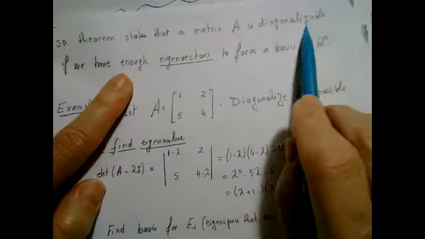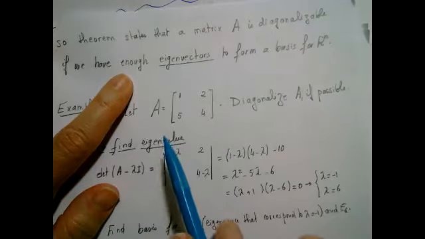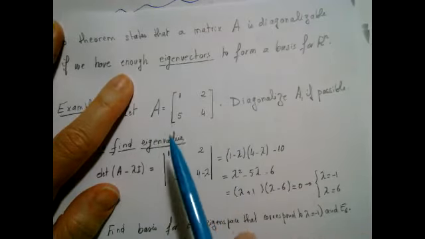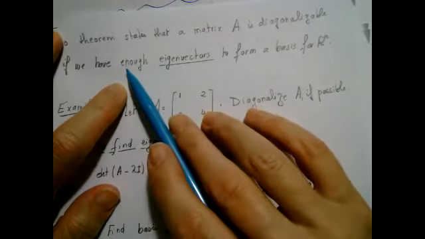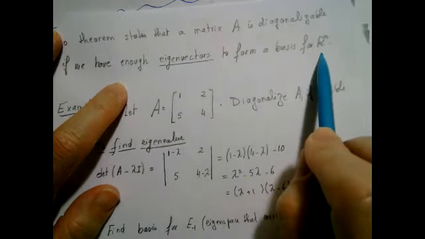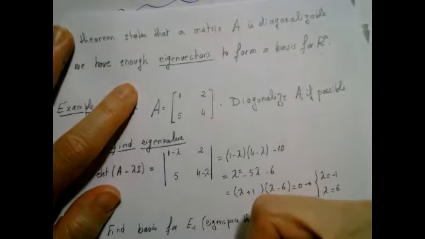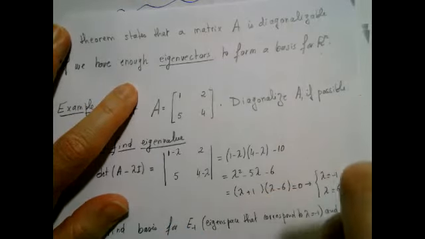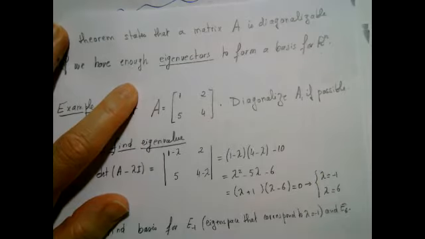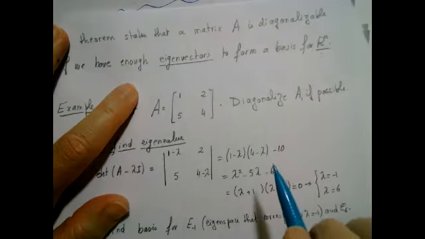So the theorem states that a matrix A is diagonalizable if it has n linearly independent eigenvectors. It means it has to have enough eigenvectors to form a basis for Rn, because we know that n linearly independent vectors form a basis. So for a matrix to be diagonalizable, we need enough eigenvectors to form a basis for Rn.